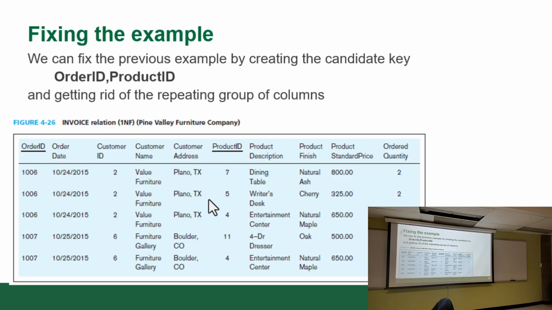Product description, finish, and price are all dependent on the product, because that defines the product. The quantity ordered is dependent on the order ID and the product ID combined. To find this value, you have to give it both of these. But to find the value of the product description, you only need the product ID. You don't need the whole row. So these are partial functional dependencies.